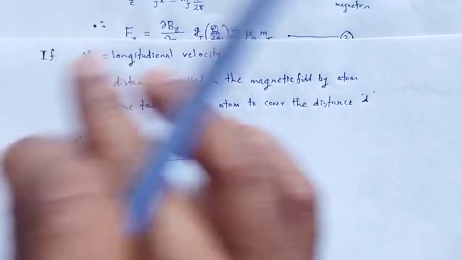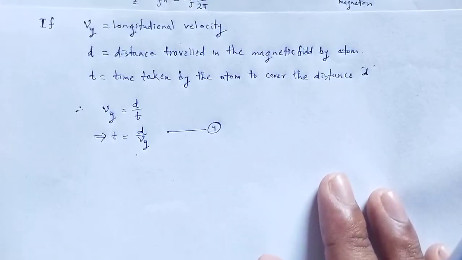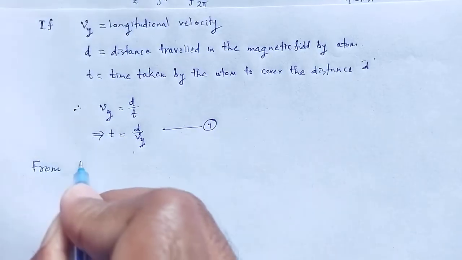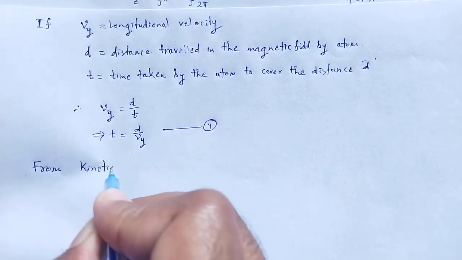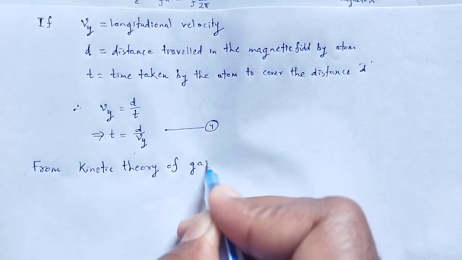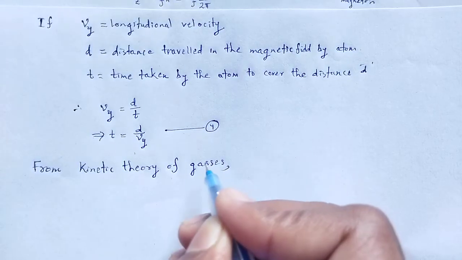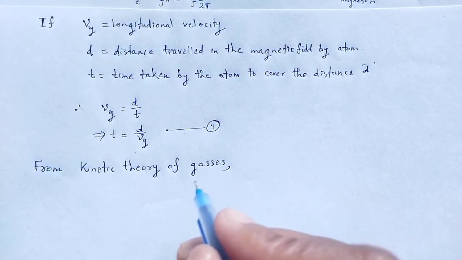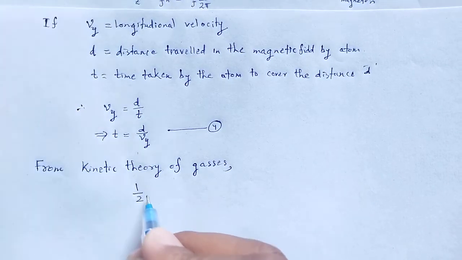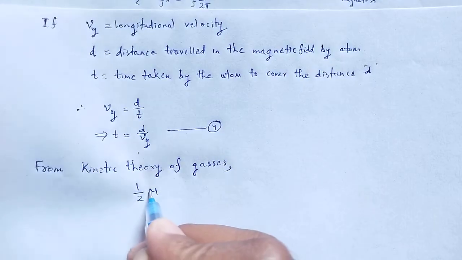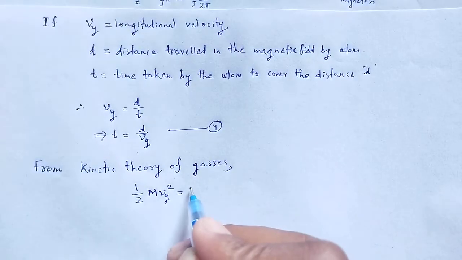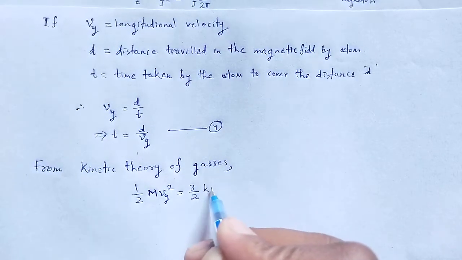Vy. Now, from kinetic theory of gases, the kinetic energy, that is half m Vy square, is the same as 3 by 2 kT.